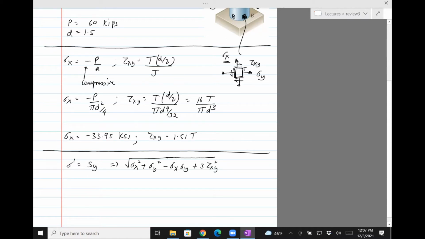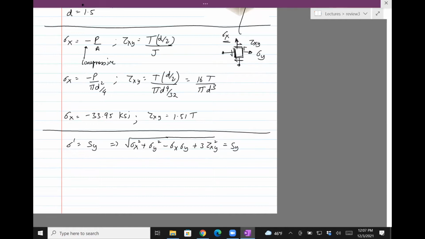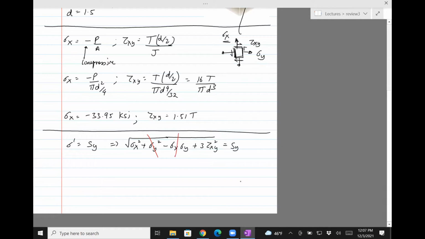There's the stress in terms of sigma x, sigma y, tau xy equals Sy. And so some of the things cancel off. This is 0. This will also be 0 because sigma y is 0. So we can write this as sigma x squared plus 3 tau xy squared equals Sy squared, with sigma x as 33.95, tau xy as 1.51 T, and 42 squared.